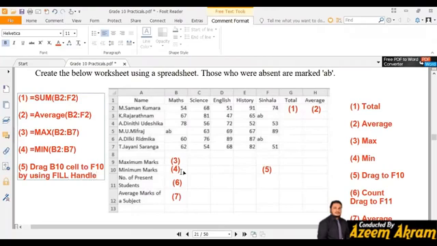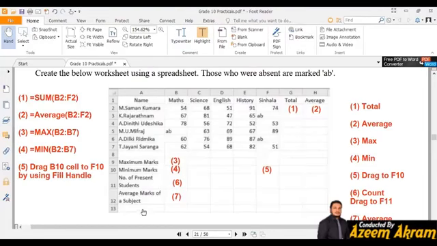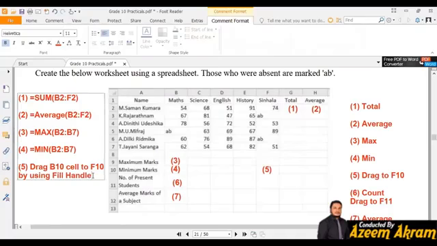Remember that. So we can write: drag the B10 cell to F10 by using fill handle. We have to say it that way. So dragging from B10 to F10.